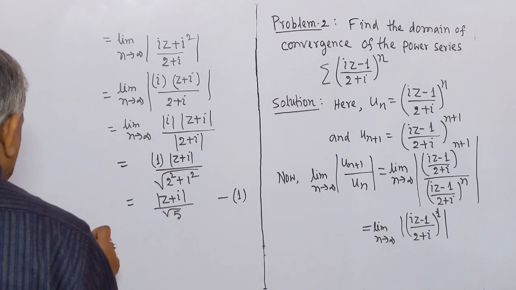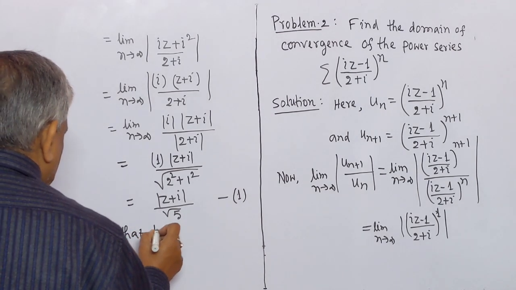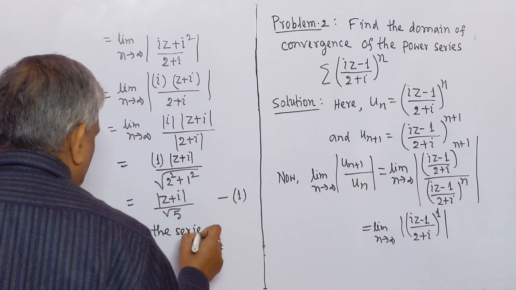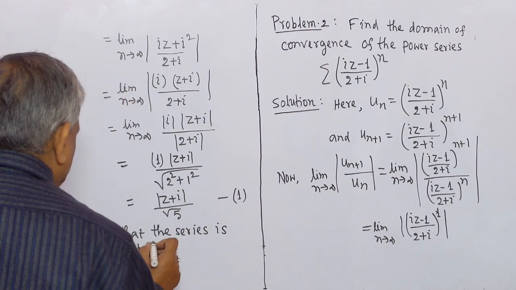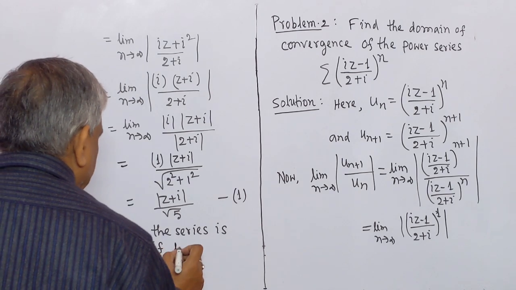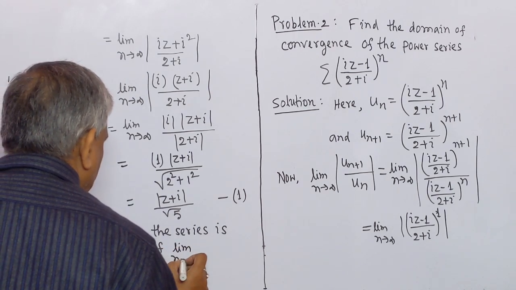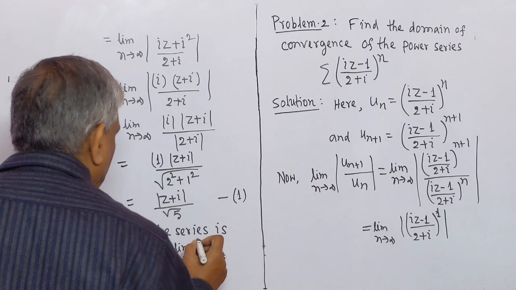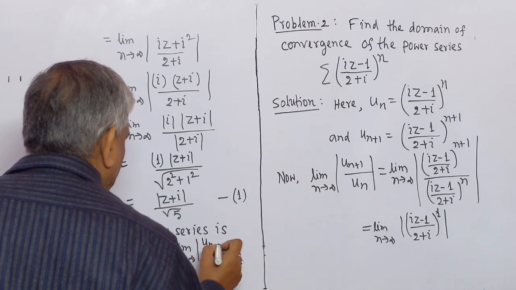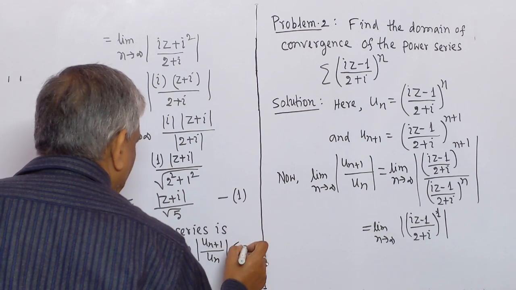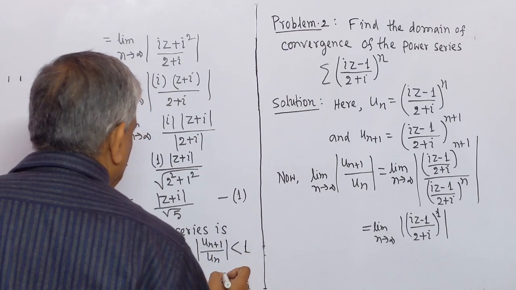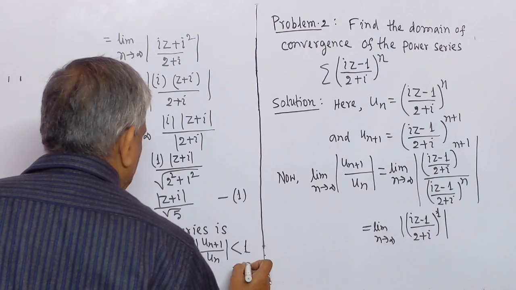We know that the series is convergent if limit n tends to infinity modulus of u_(n+1) by u_n is less than 1. This is number 2.